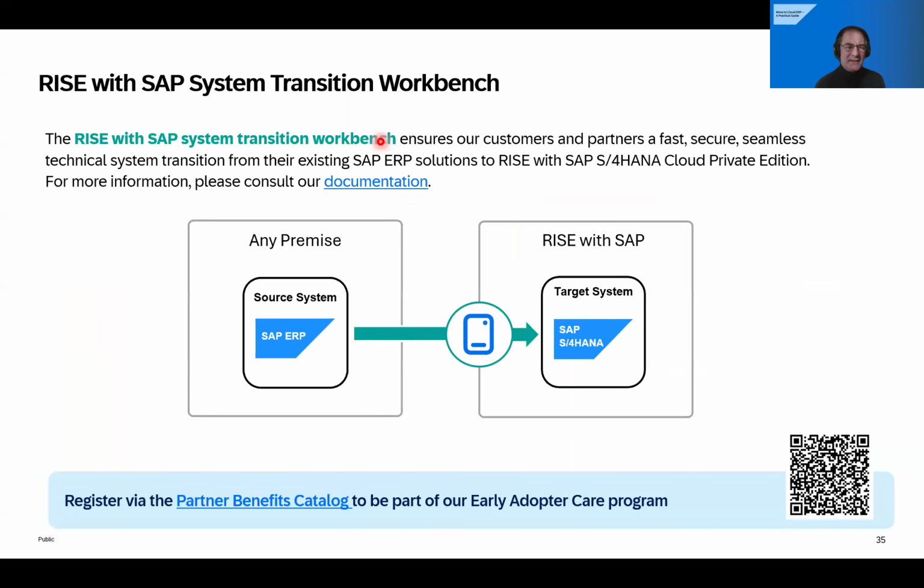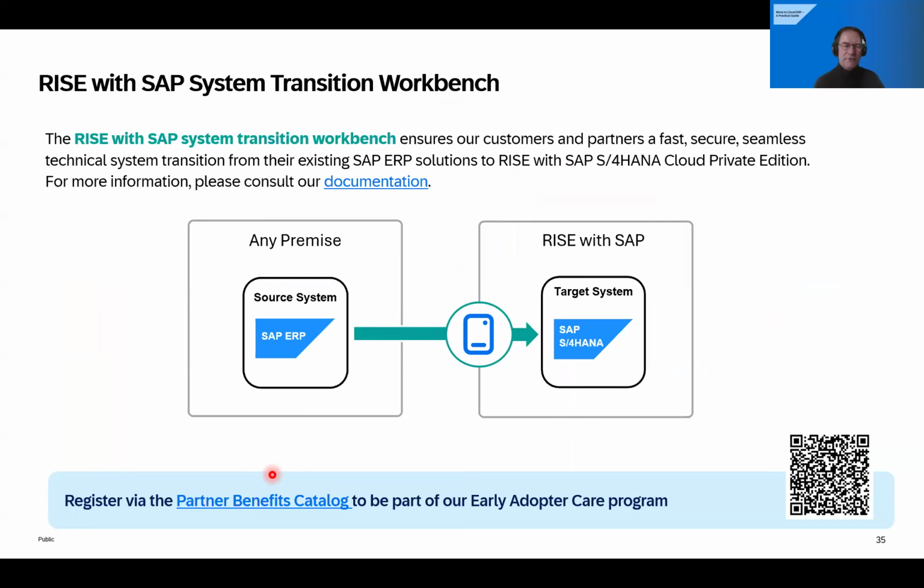For this, there is a dedicated slide, RISE with SAP System Transition Workbench, to offer a fast, secure, seamless technical system transition. There's documentation, and there is the partner benefits catalog, where you can register to be part of the early adopter program. I expect this approach to be generally available next year for a couple of scenarios.